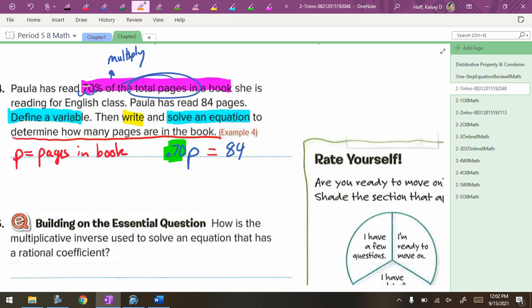Okay, so we have the equation 0.70p equals 84. I need to get rid of 0.70 as my coefficient. How do I do that? Sienna, what do we do to get rid of that decimal coefficient?